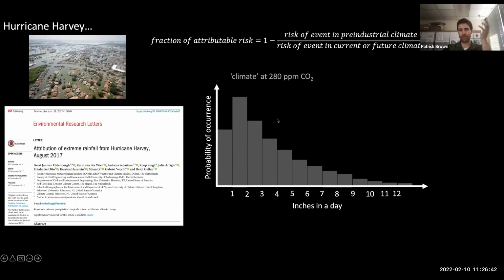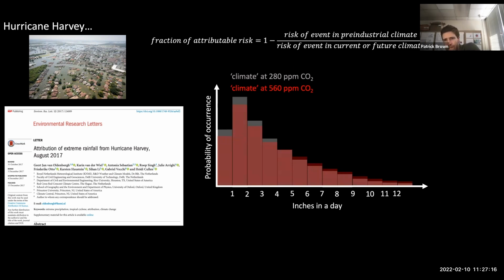All this is saying is that the more extreme the rainfall, the higher the rainfall total, the less likely it is. The less you've seen it historically, the less likely it is to occur at any given time. So you have some distribution under pre-industrial climate, and then you compare that to some distribution under either current climate or, in this case, a doubling of CO2.